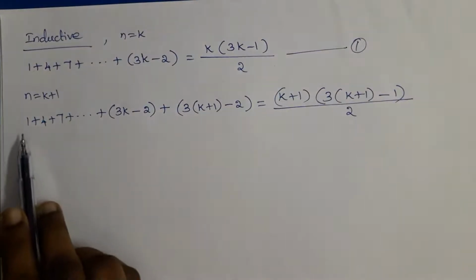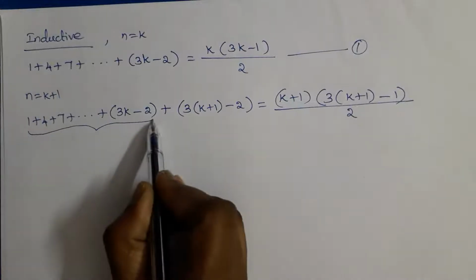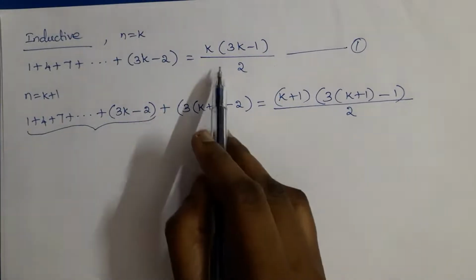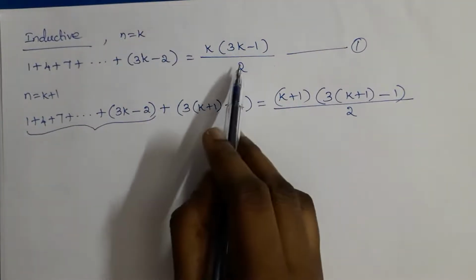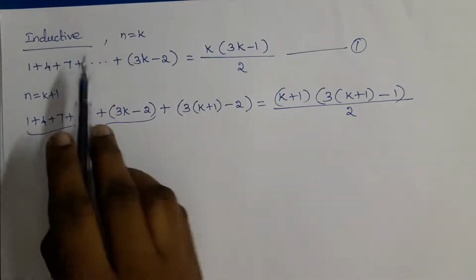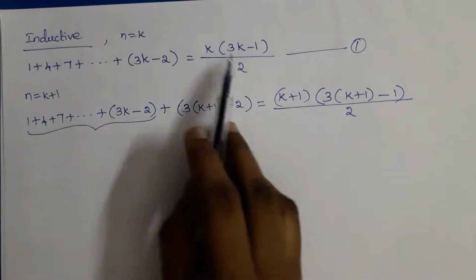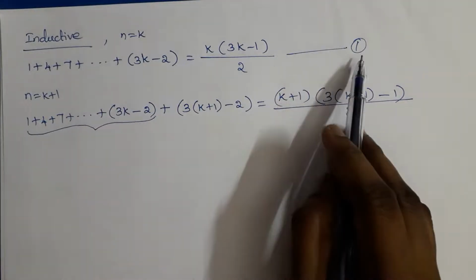Now for the term 1 plus 4 plus 7 up to 3k minus 2, we can substitute equation number 1, because we assumed that S of n is true for the kth term, that is, S of k is already proved as true.